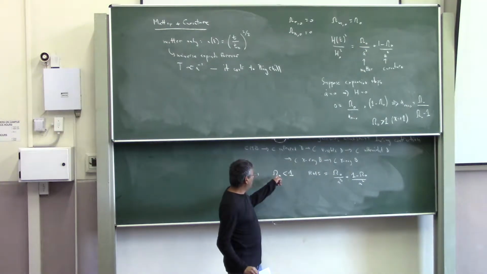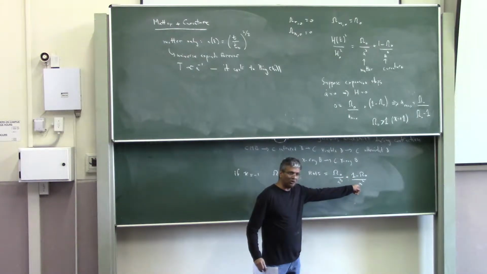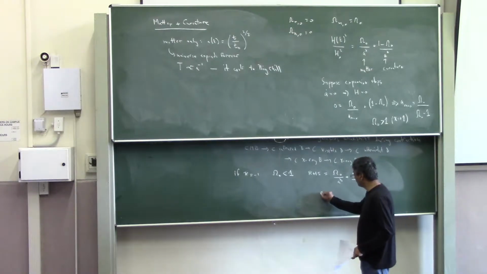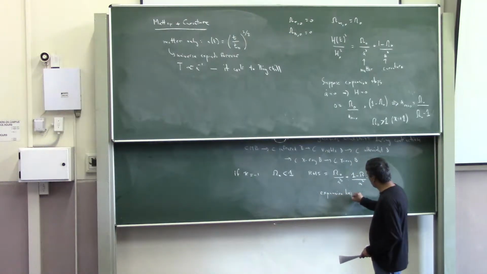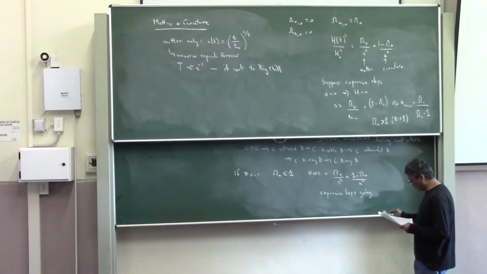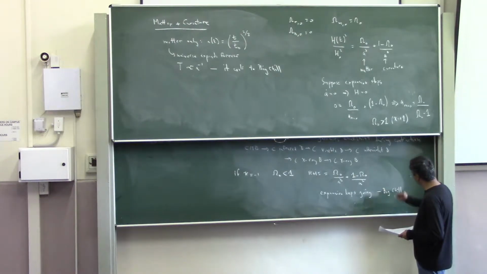So omega 0 is less than 1, so the numerator here is positive. Both of these terms are positive, which tells us that the expansion keeps going. And we end up with the big chill.